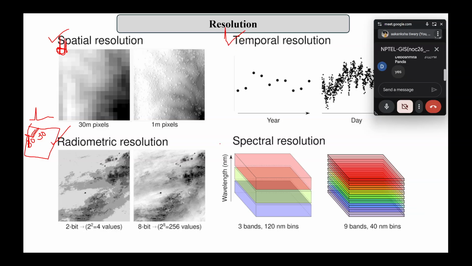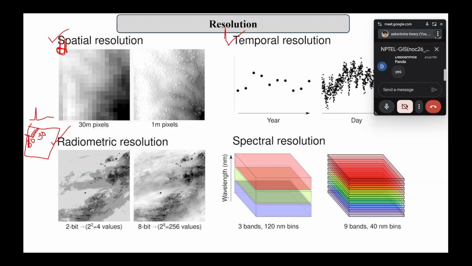Now the fourth is spectral resolution. You know we have light, and in the electromagnetic spectrum you can have different wavelengths of light, and you can divide the different wavelengths into different bins.